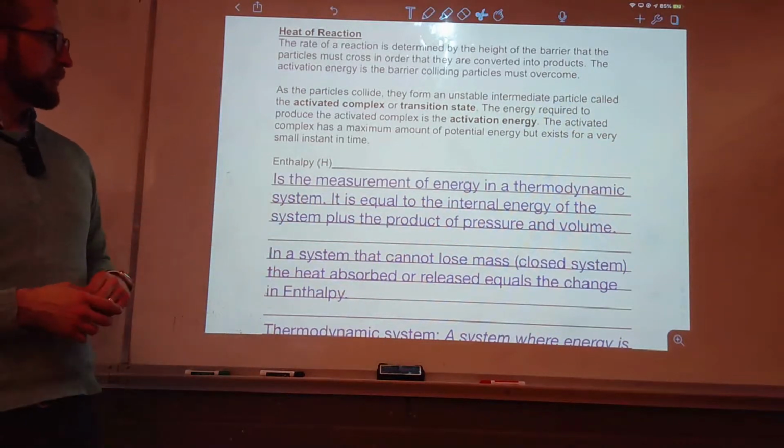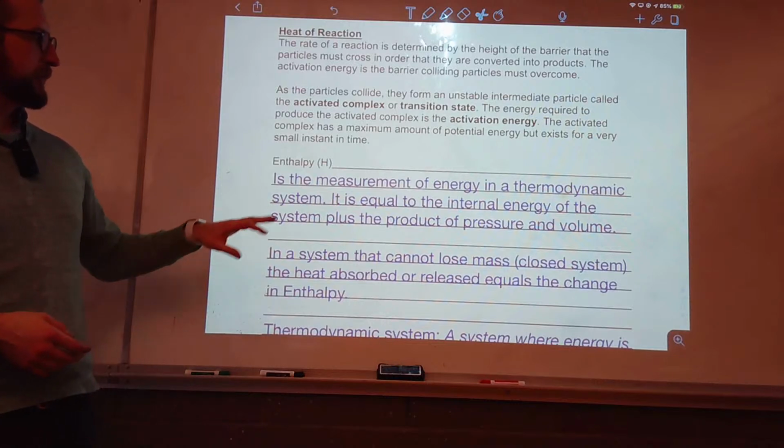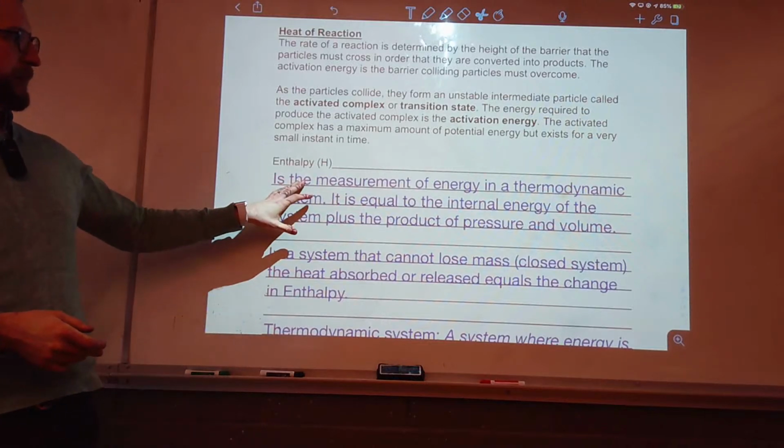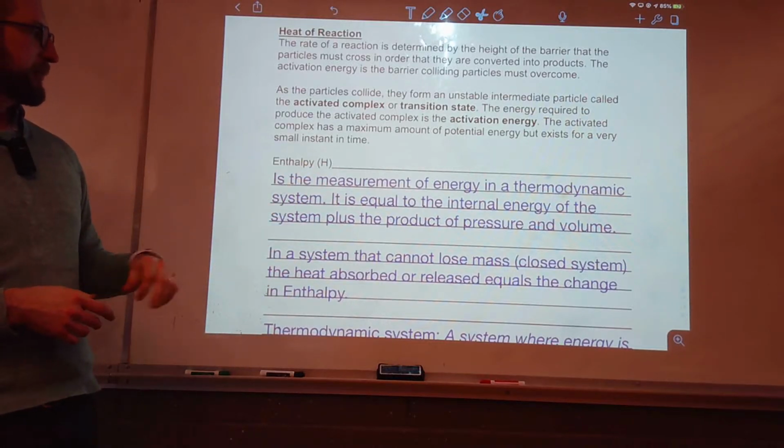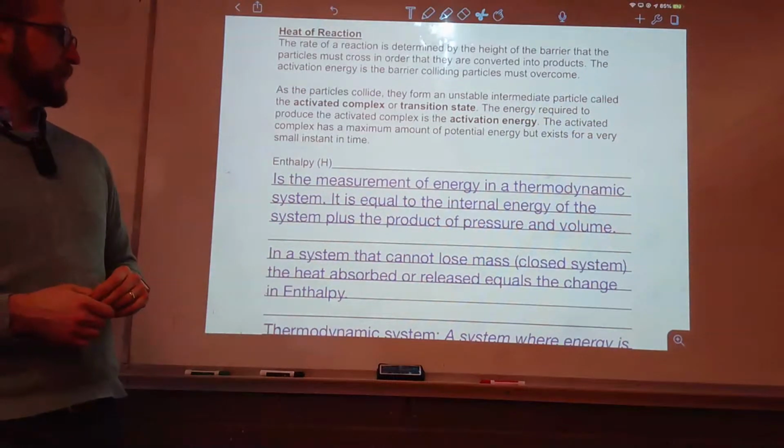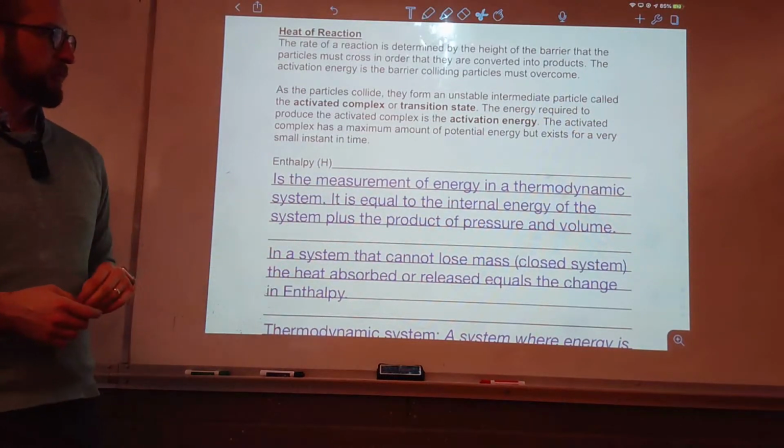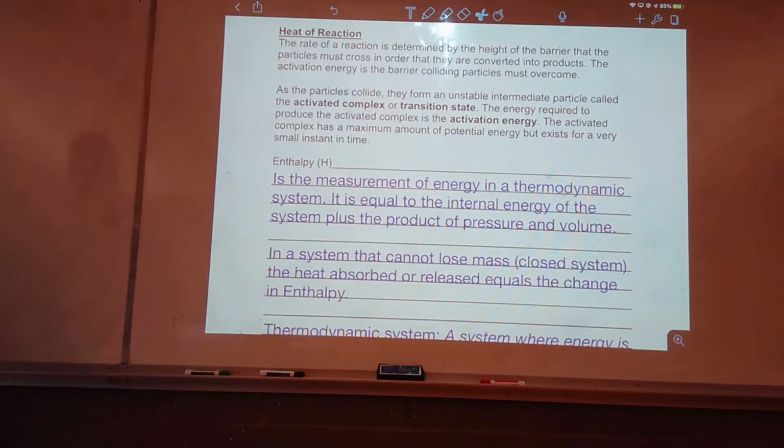So enthalpy, or H, is the technical term for the measurement of energy in a thermodynamic system. It is equal to the internal energy of the system plus the product of pressure and volume. We're going to assume that our chemical reactions occur at the same pressure and volume, so we can measure enthalpy directly from our potential energy diagram.